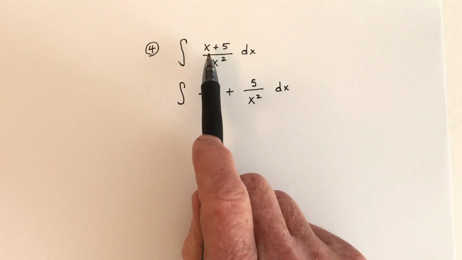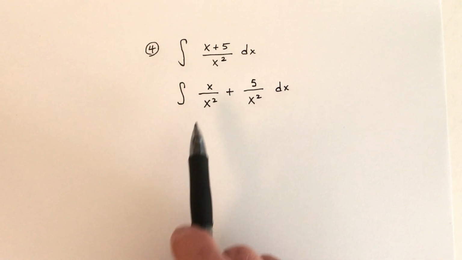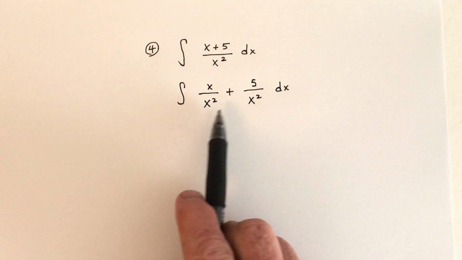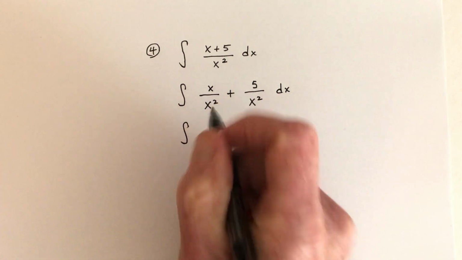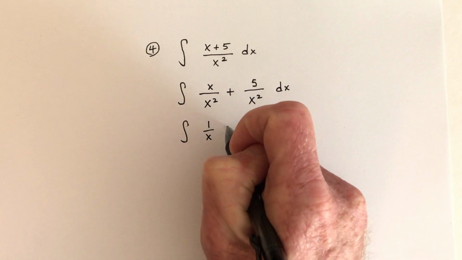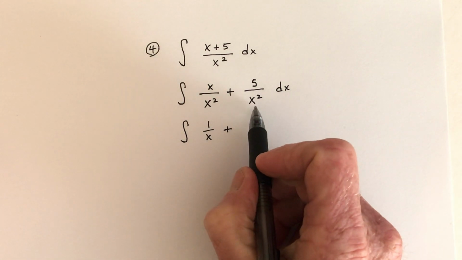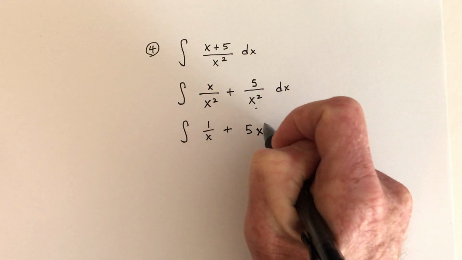Or the other way to look at it is, this is saying x plus 5 gets divided by an x squared, which means that each one gets divided by an x squared. And then I could simplify this one because this is just 1 over x. And then to integrate this one, I would rewrite it as 5 and then x to the negative 2.